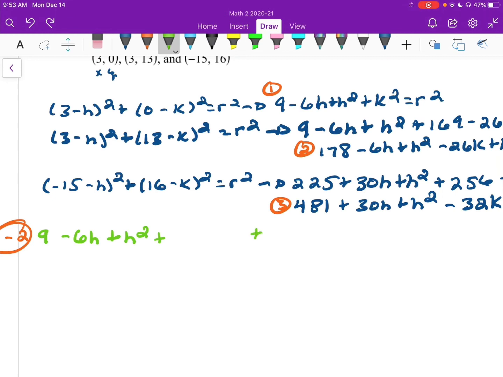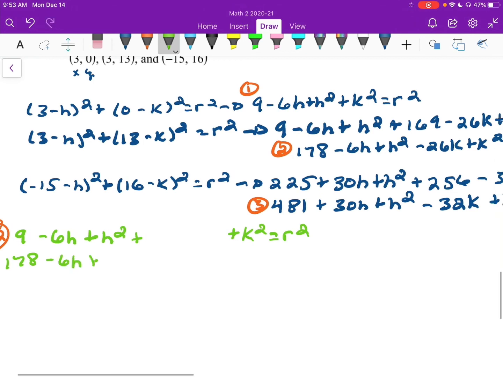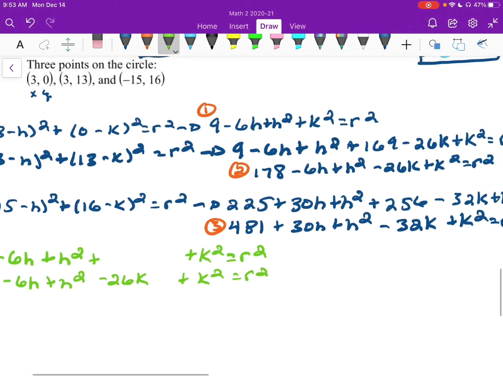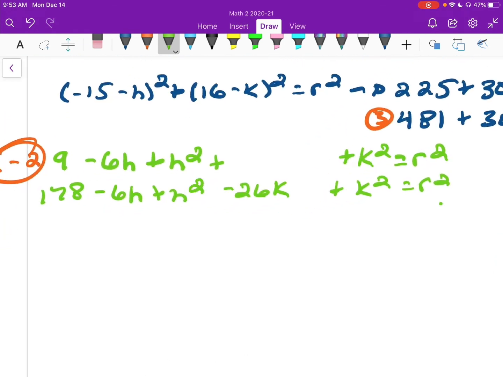And it's going to say plus k squared equals r squared. All right, now for equation number 2, 178 minus 6h plus h squared minus 26k plus k squared equals r squared.